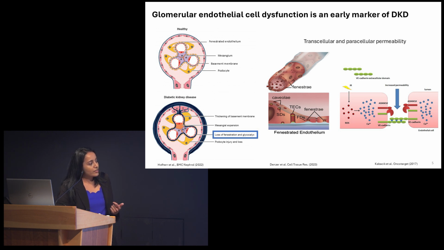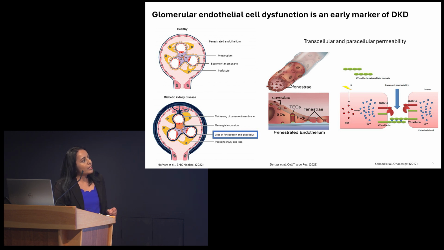And then another thing we're interested in is how signaling dysregulation will affect the size and arrangement of these pores or fenestrations in the endothelial cell layer, which are essentially supporting the size-selective properties of the endothelium.